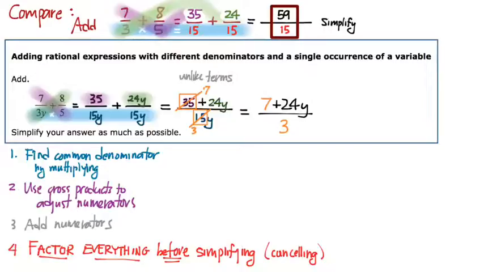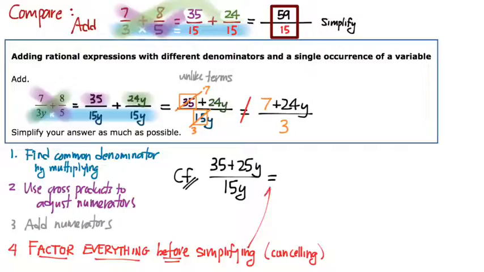Compare it to this. If I change the problem a little bit so that my answer was 35 plus 25y, so I'm going to replace the 24 there with a 25. For comparison, I'm going to backtrack here and say that this simplification is not true, just for when you look back at this later. But if I had 35 plus 25y instead, over 15y, then what we would want to do is factor everything.